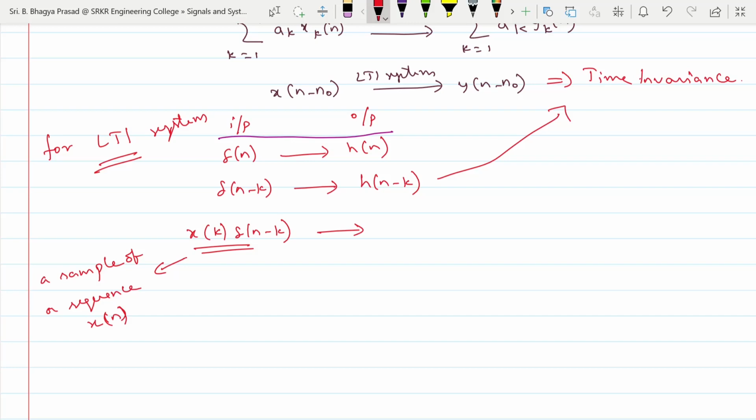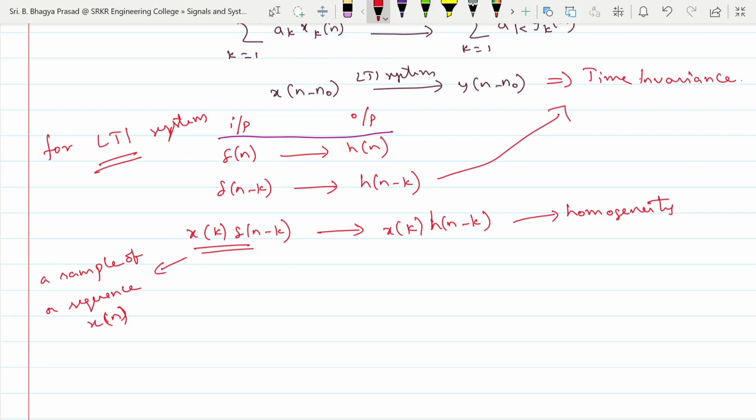And for this one we get an output x[k] h[n minus k]. So here it is satisfying the homogeneity property. Like this, if you give different samples, the important thing is why we are considering δ[n] and h[n].